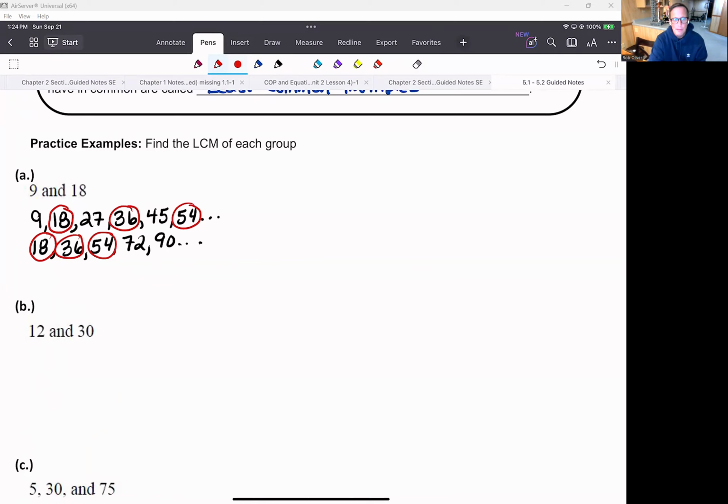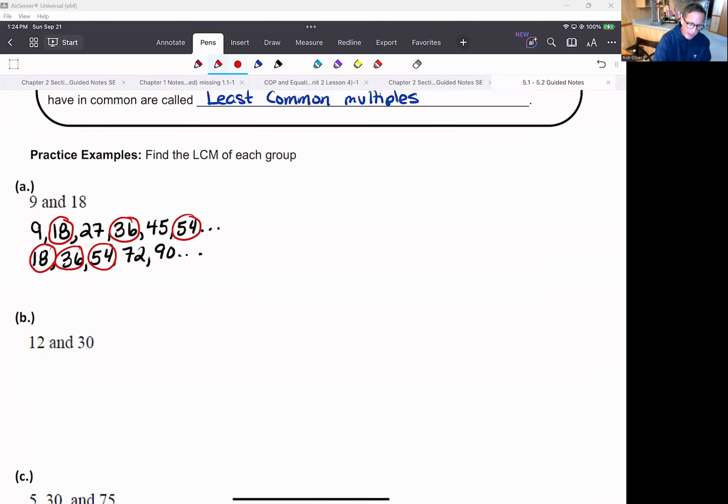So the LCM for that one is 18, right? The common multiples are 18, 36, 54, 72, 90, all those numbers. But we're focusing in on the least common multiple.